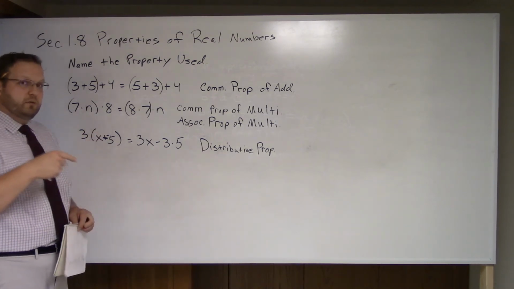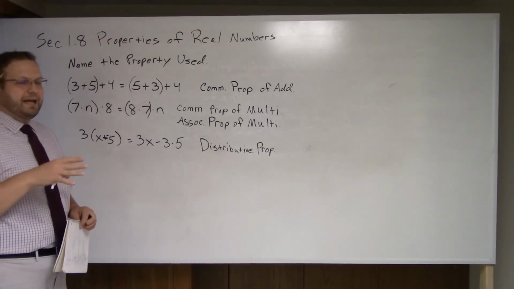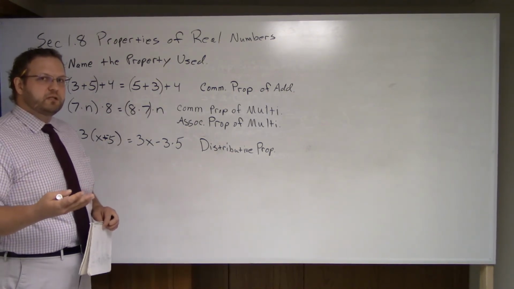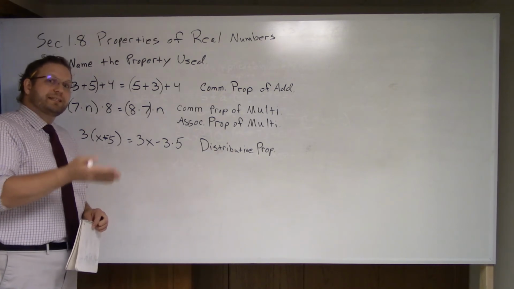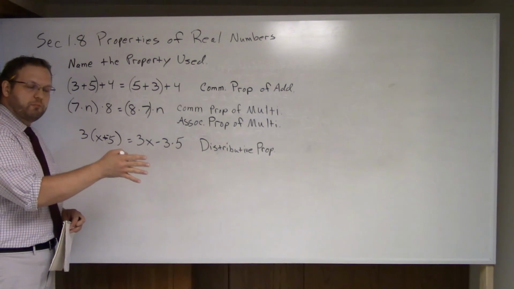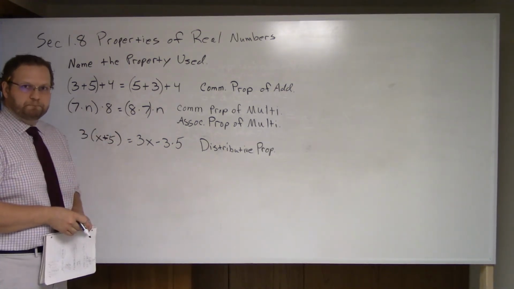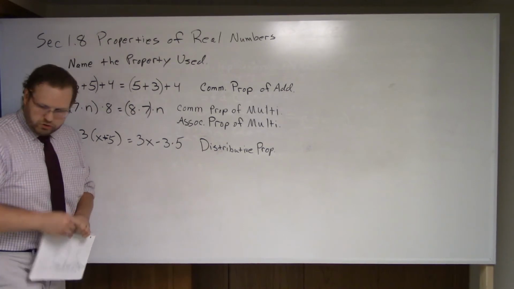Same thing when we deal with multiplication, as I was saying before. Division technically doesn't fall under that, but division can be adjusted into multiplication. So a lot of times when you have a multiplication property, division is also going to be accepted within that. Okay?